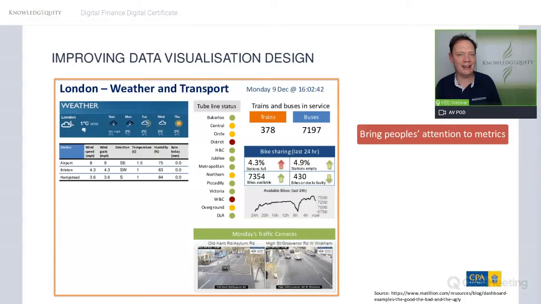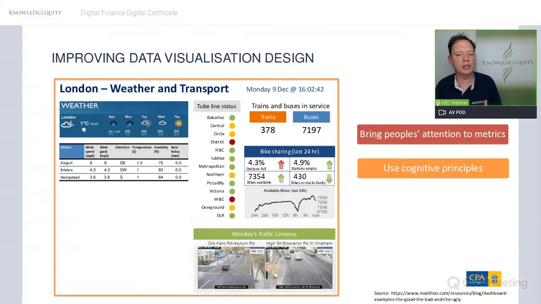So we'll try to apply this quickly in our example of the London City dashboard. I'm now calling it London Weather and Transport. I want to bring people's attention to metrics, but I'm already making a bit of a decision about who those people are, my audience.